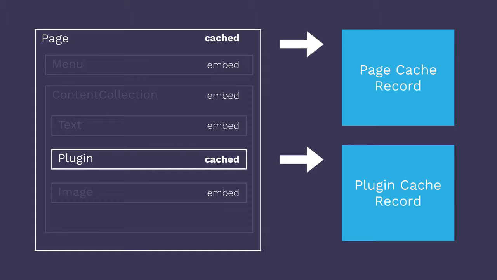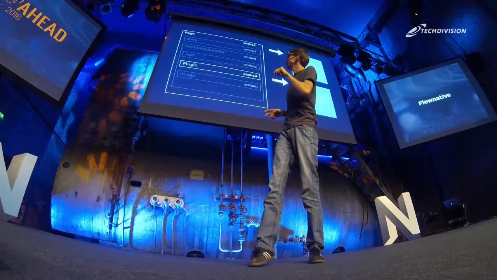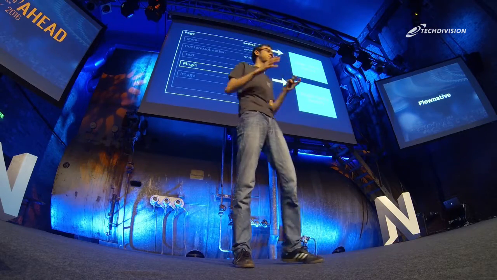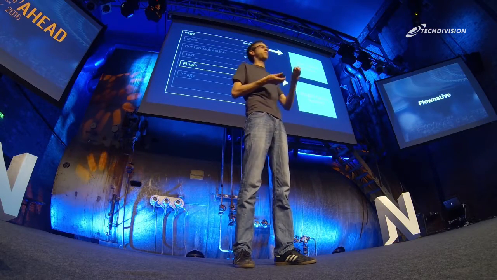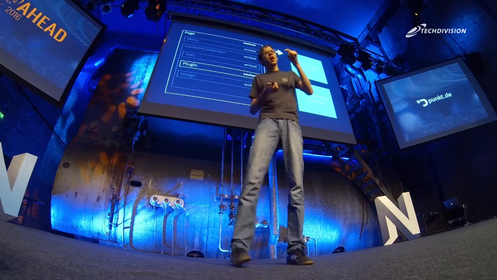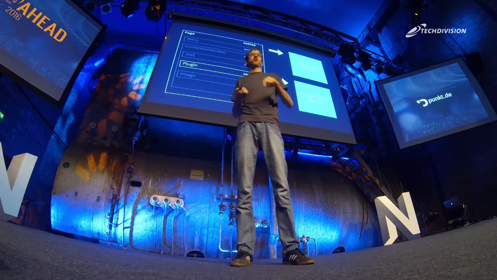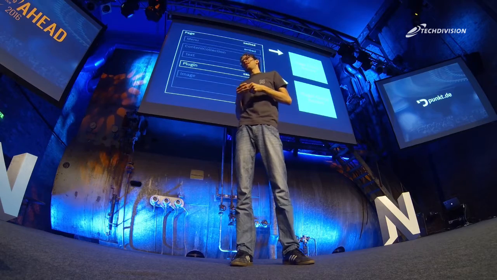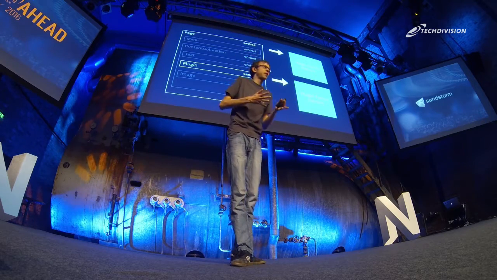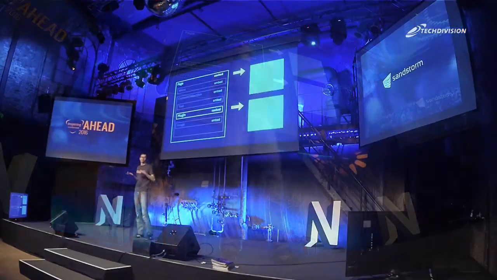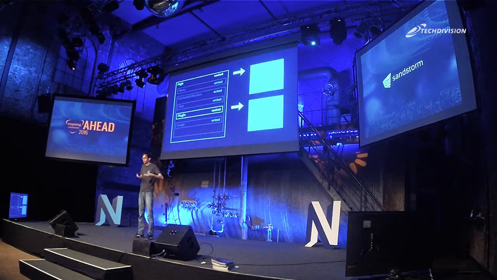The one is the page cache content, which contains the whole page, except this part. So that means instead of the plugin, there's just a marker which says, oh yeah, please pull that out of some other cache. That's basically it. And the plugin has a separate cache entry, and the cache entry can live on its own, basically.